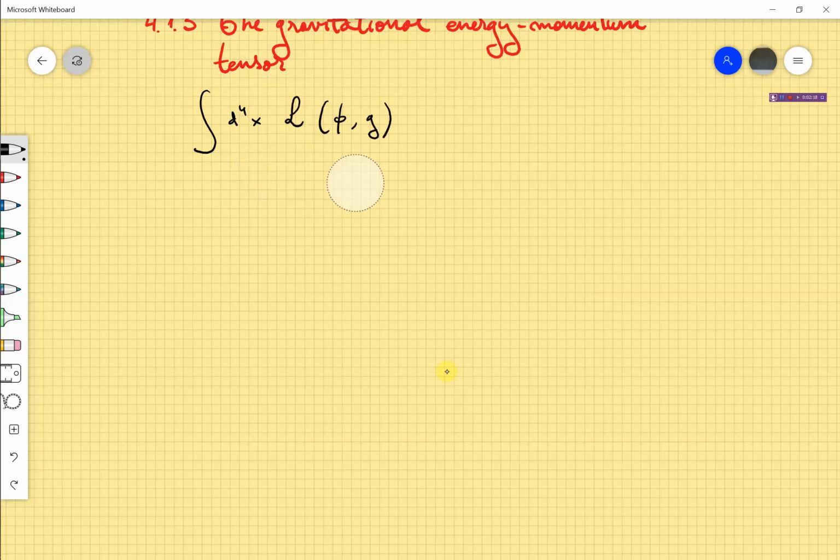But clearly, if I have some other term that describes the dynamics of the gravitational field, when I vary with respect to the gravitational field, I will get something equivalent to nabla squared of phi, that describes the dynamics, and something which is the variation of this L with respect to g mu nu, that I can put on the other side of the equation, and it will be something like this.